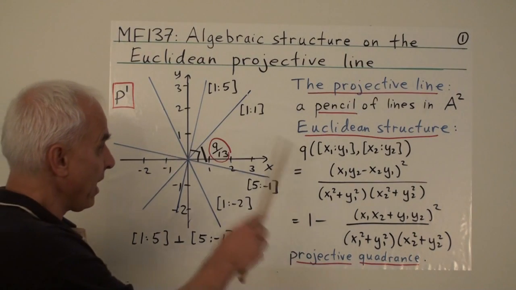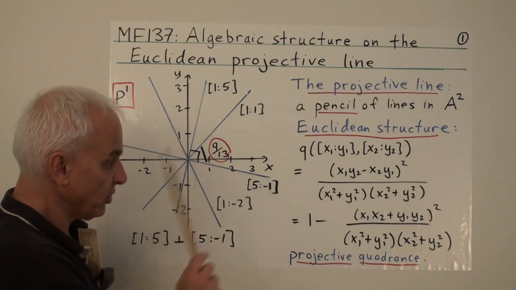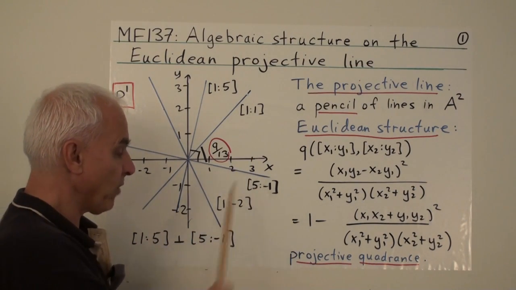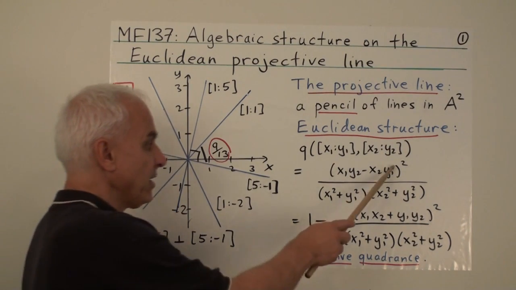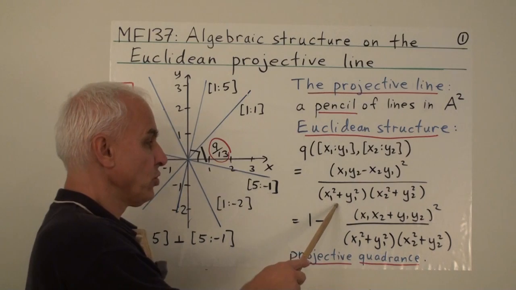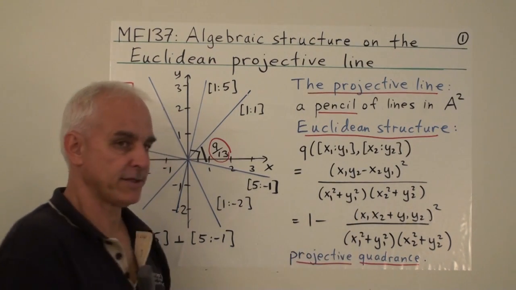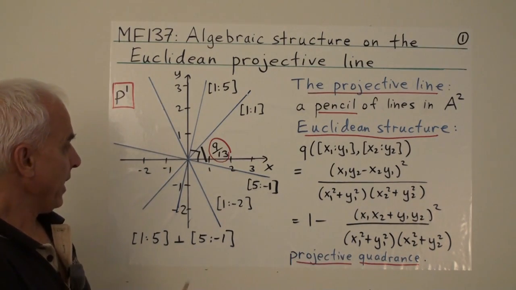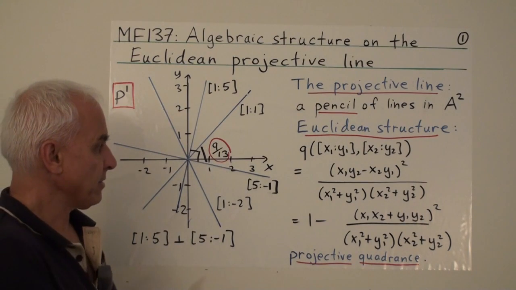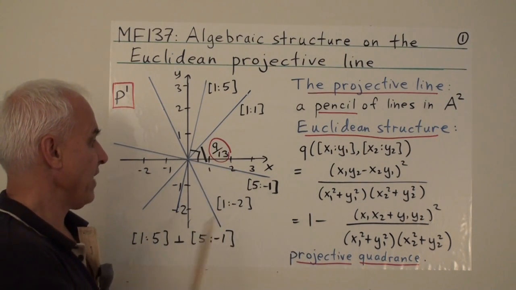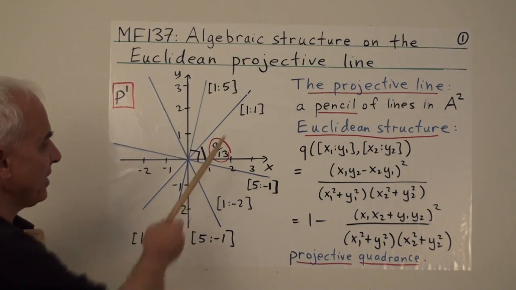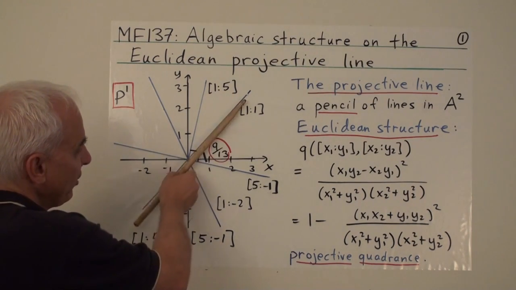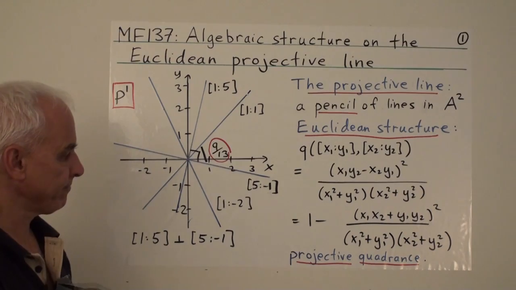Then we divide by 1 squared plus 1 squared, which is 2, times 5 squared plus 1 squared, which is 26. So it's 36 over 2 times 26. A factor of 4 comes out of the 36, and a factor of 4 in the denominator gives us 13. So this is the projective quadrance between these two lines.